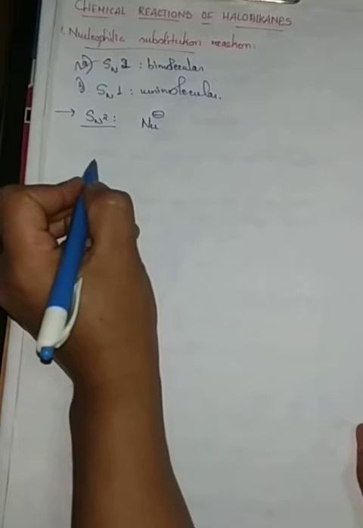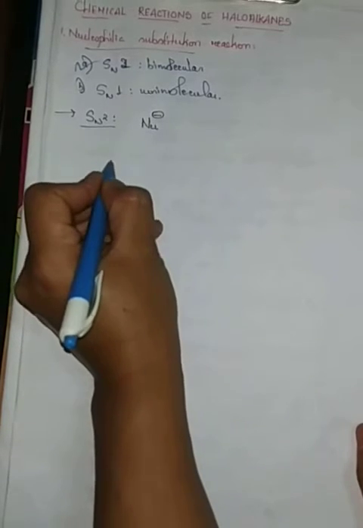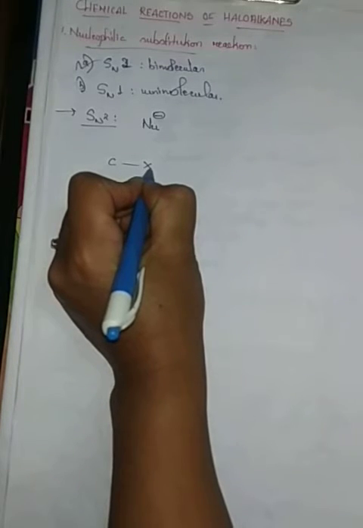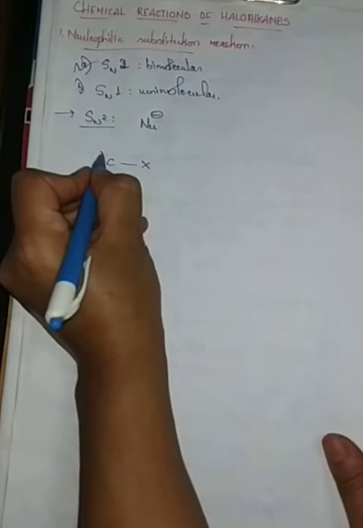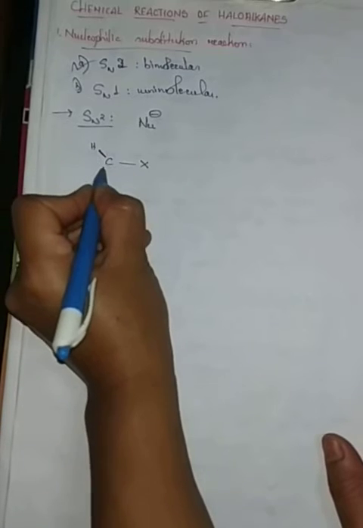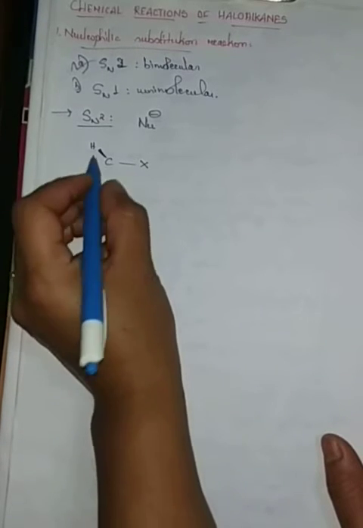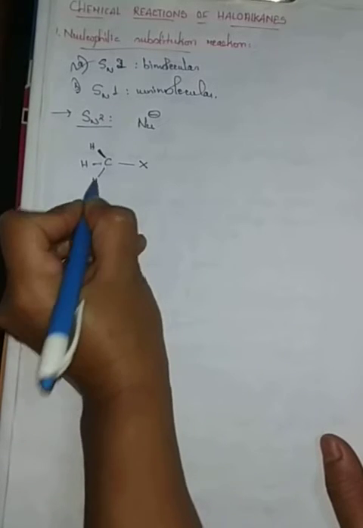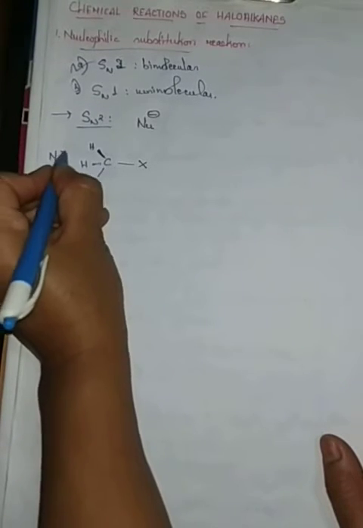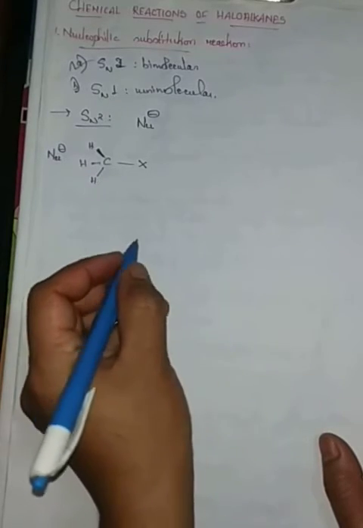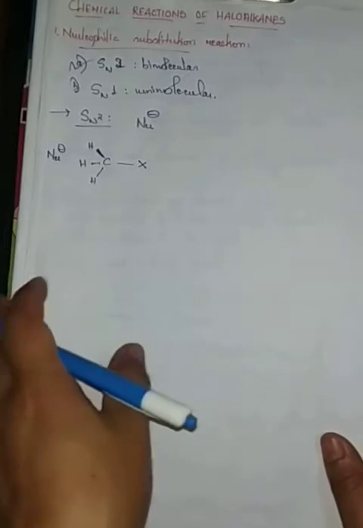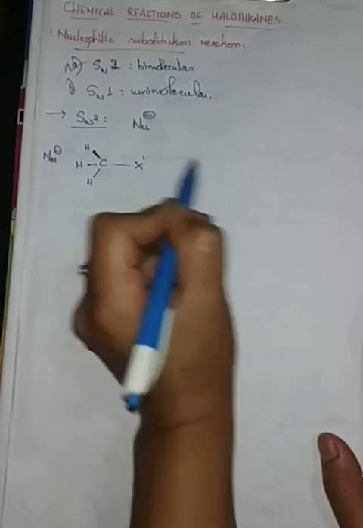Now let me write here, if we have our haloalkane, carbon to halogen atom, and then we have here our hydrogens, and this is the backside. Now our nucleophile, let me write here our nucleophile. Now we know that the halogen atom is more electronegative than carbon atom. Because of that, it pulls the bonding electron towards itself, creating the partially negative charge.